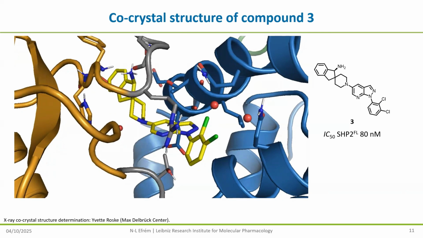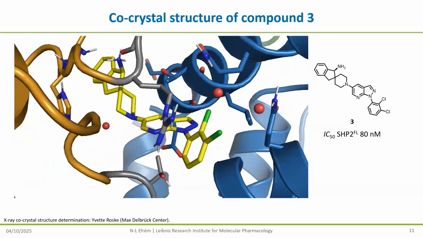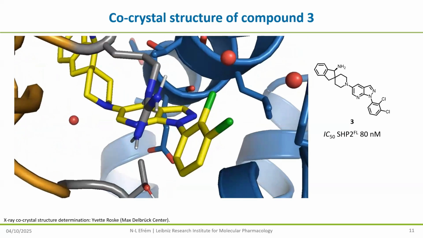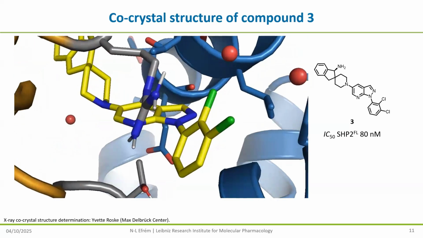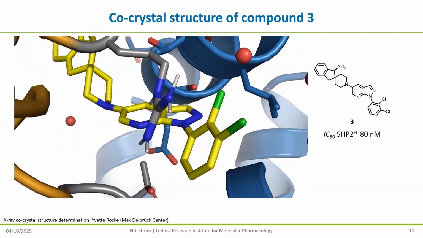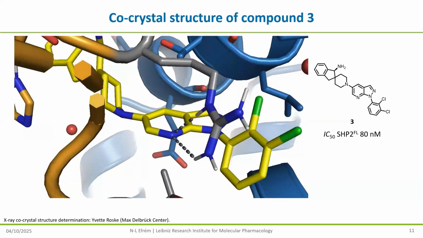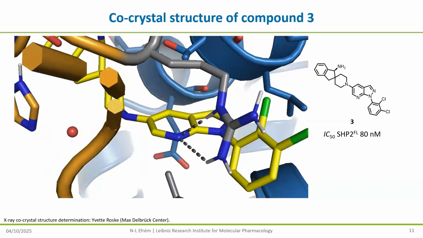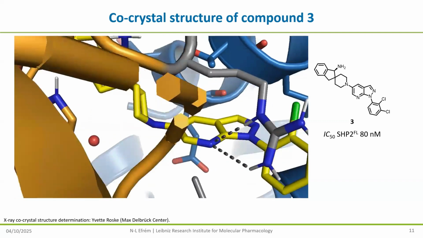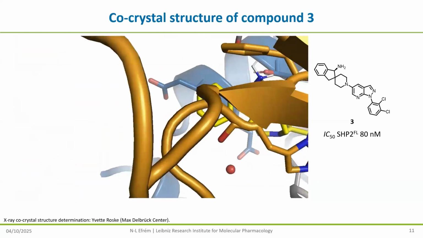The dichlorophenols substituent binds to this rather lipophilic region of the pocket, and here it engages in a cation pi interaction with the guanidine group from the arginine 111 side chain. Potentially, the pyridyl nitrogen here also engages in a hydrogen bonding interaction with this guanidine group, and this could explain why we lose so much potency if we remove the nitrogen from this position in the ring.